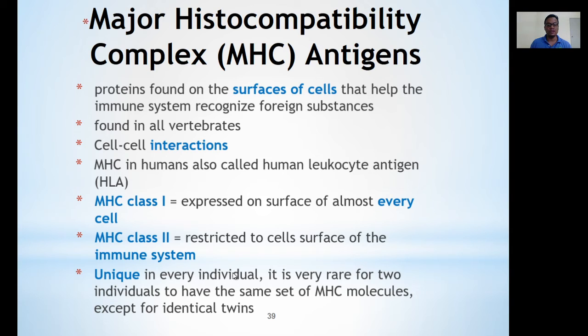It is very rare to find people that have the same IC number. Some say it is impossible. It is very rare for two individuals to have the same set of MHC molecules, except for identical twins, because they come from the same cells.